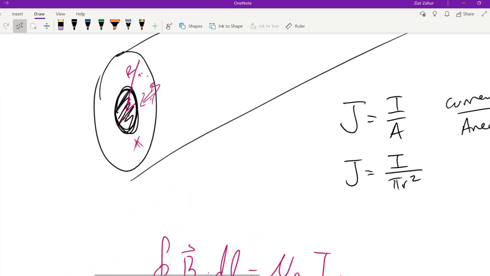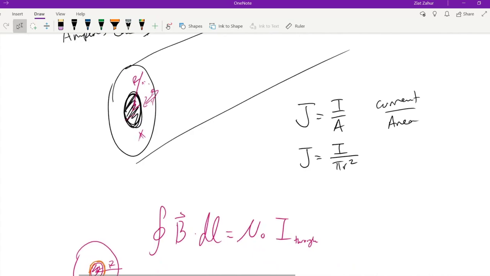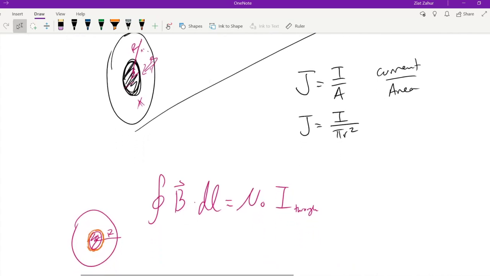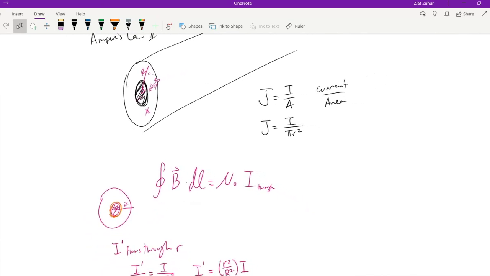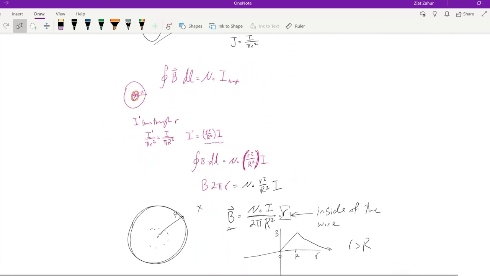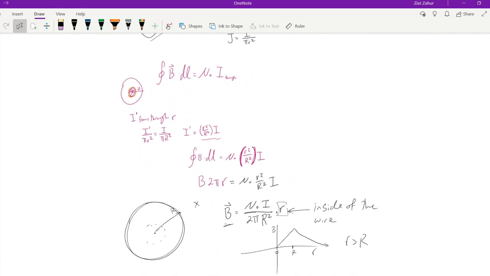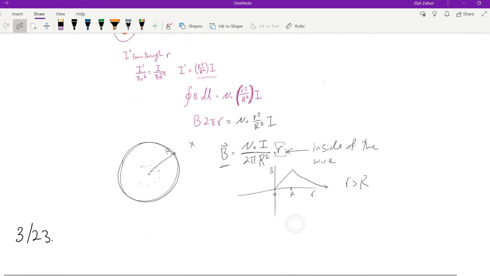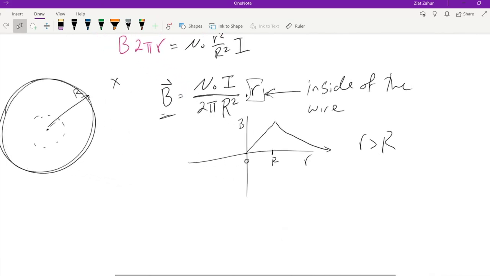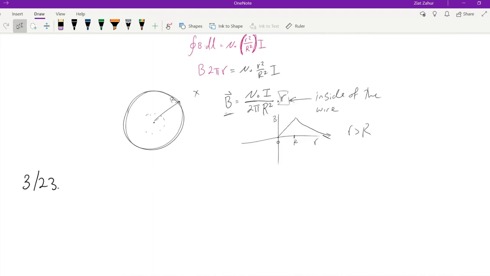We started off with some arbitrary small amount, little r, and then as you expand little r outwards, to eventually becoming capital R, which is the maximum radius of the wire, you get a linear equation inside of the wire, and then it falls off at a 1 over r rate.